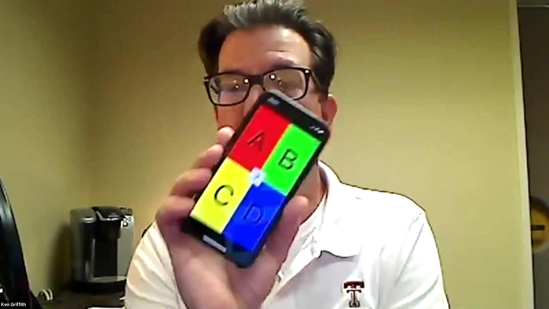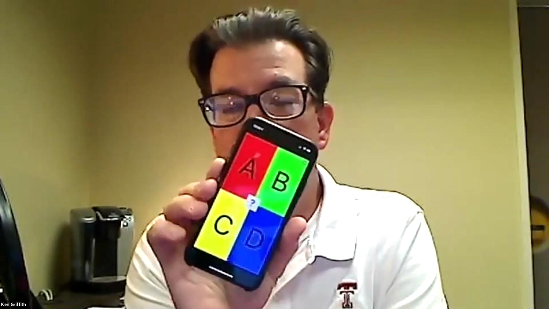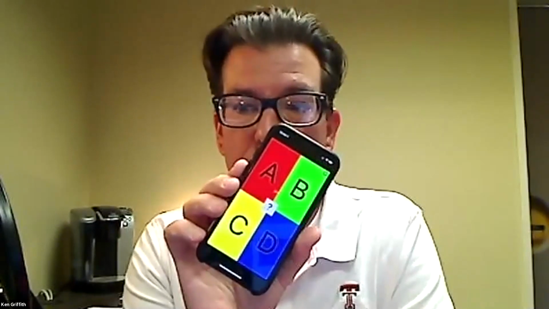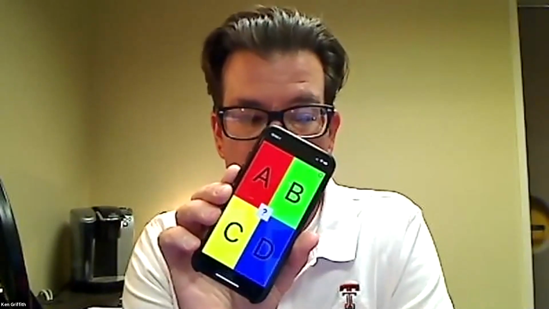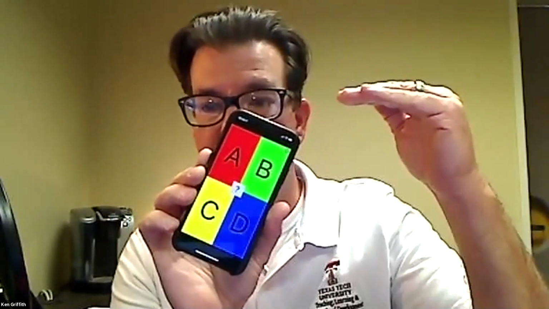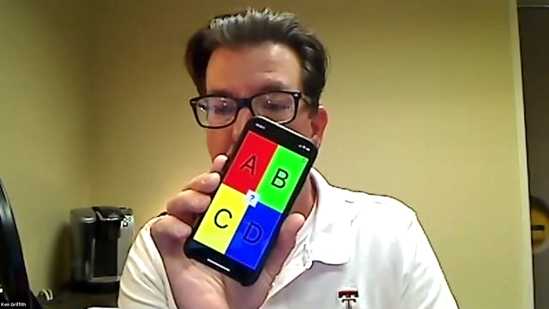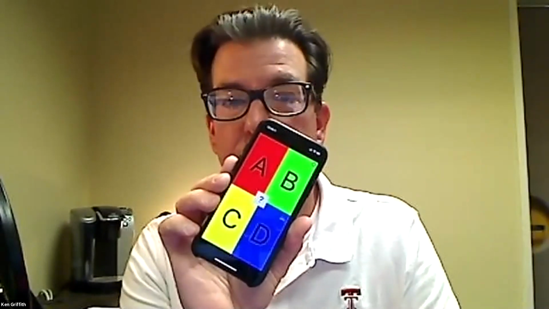That's great if you have access to polling software or if you want students to use it. This is a free app where you can pose the question on the screen, identify the answers as A, B, C, D, and then ask students to tell you what they think. They can hold their device up to their chest and pick which one they like.